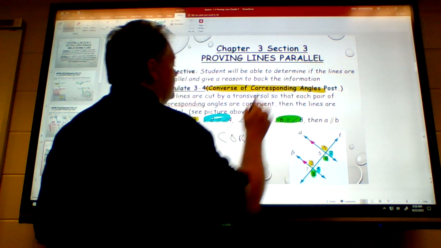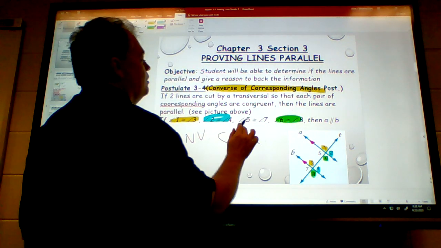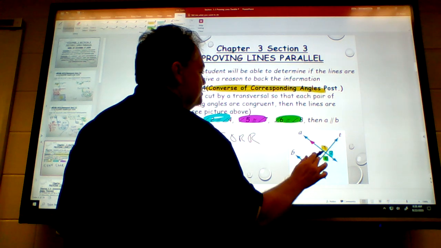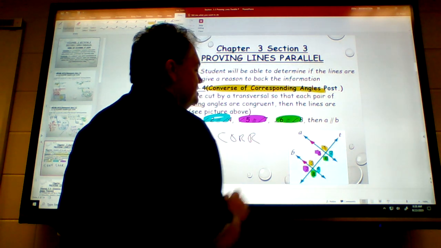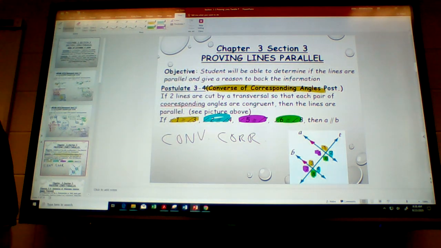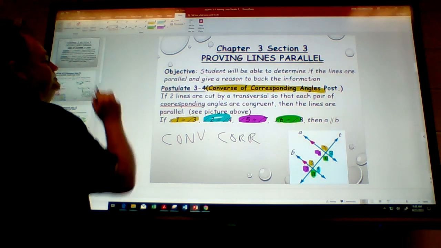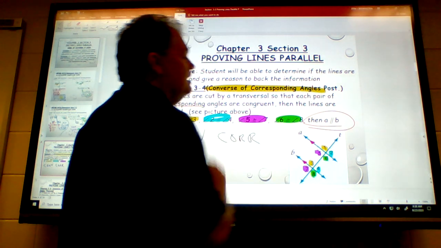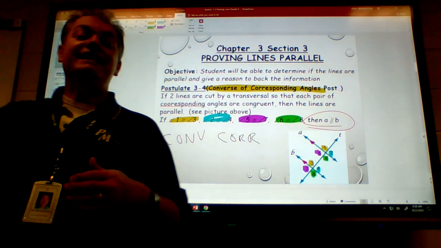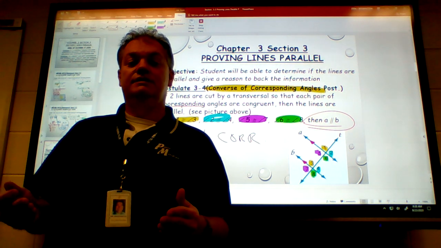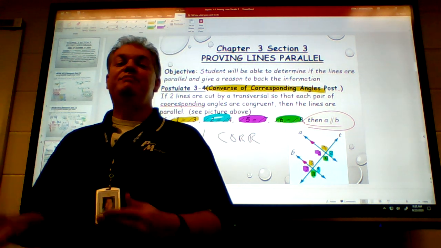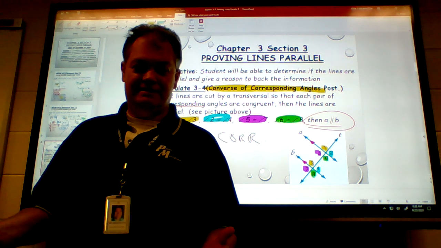I kind of did that a little out of order there, but you get the idea. Or even 5. If any one of those respective angles are congruent, and since they're corresponding angles, then that means the lines are parallel. So we're saying if the corresponding angles are congruent, then the lines are parallel. So we're going backwards, basically.